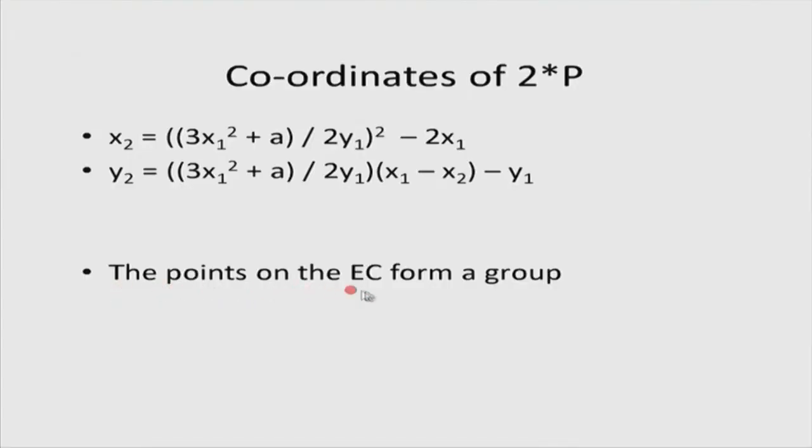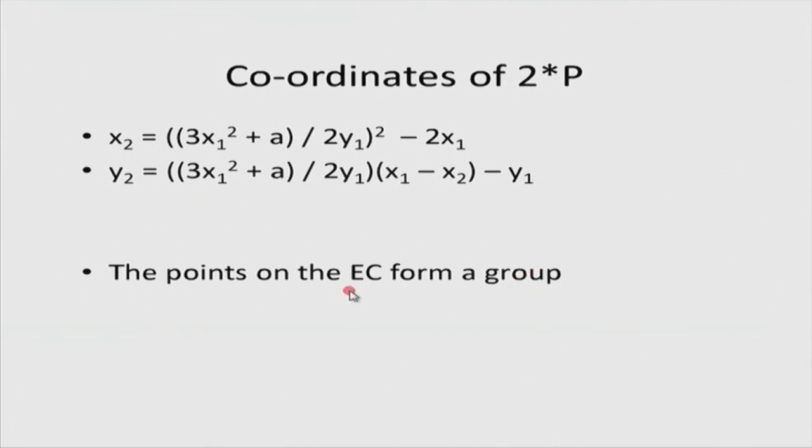So having defined these operations, the next very important statement is that the points on the elliptic curve form a group. So we know what is a group. Once again, a group is a set together with an operator and the four properties, namely closure, associativity, the existence of an identity in the group, and the existence of an inverse for each point.